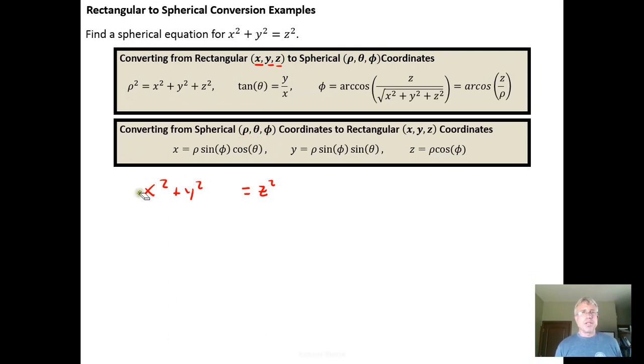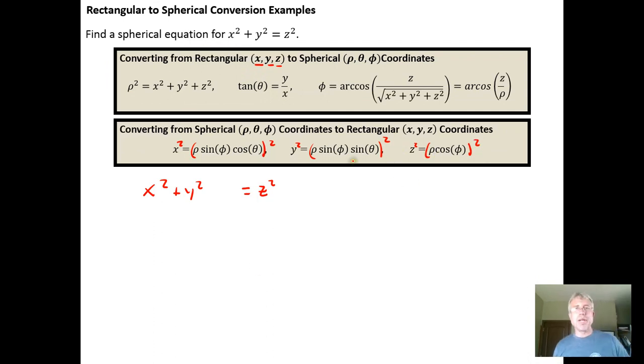When you look at this, your first option would be to say, hey, here's x squared, and I know from the previous video what the relationship between x, rho, phi, and theta is, so I could just square x and substitute that in for x squared. I could square the y and substitute it in for y squared, and then square the z and substitute that in for z.